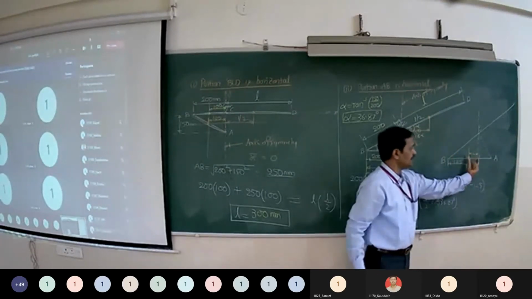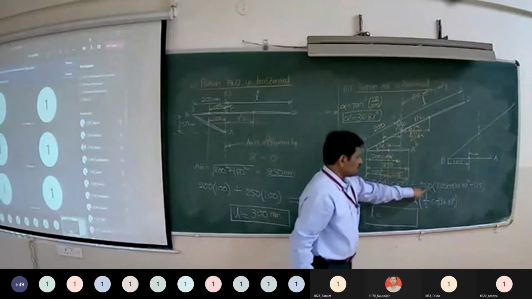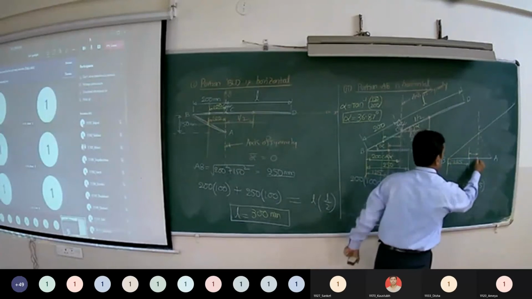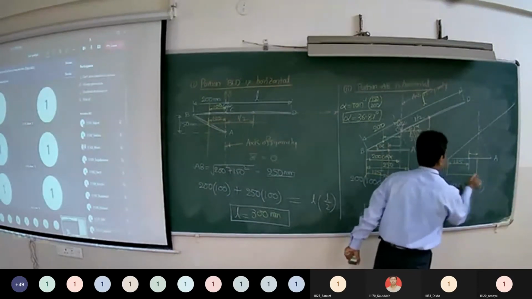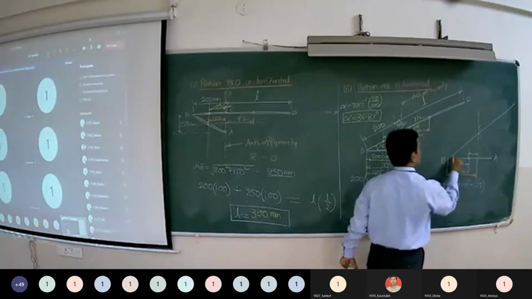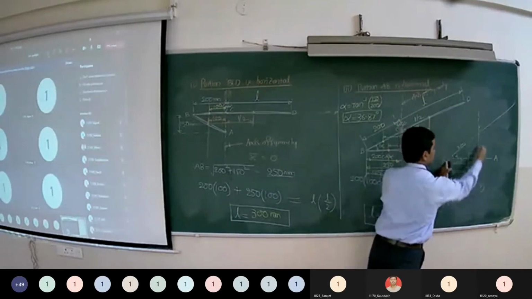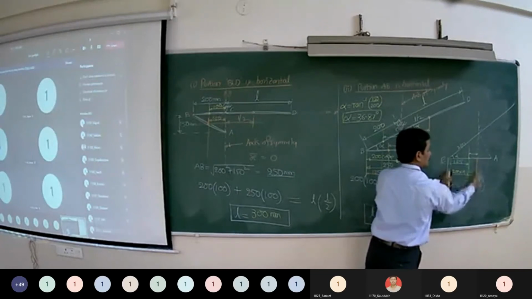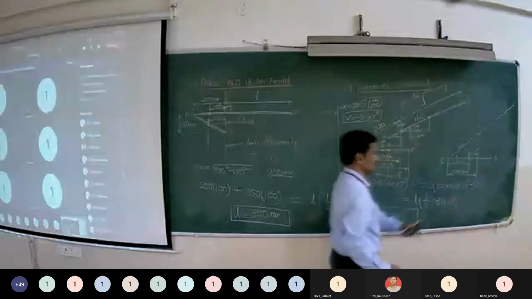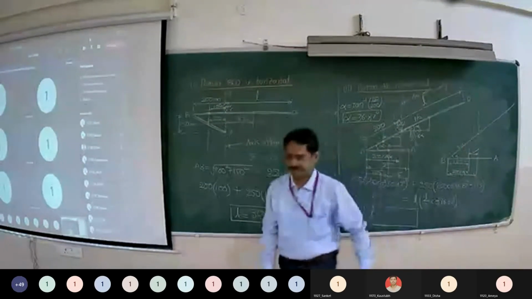So we want to calculate this distance. Here length is 250 into, to calculate this distance, we know this is 200 cos alpha. So this is alpha, this is 200, adjacent side 200 cos alpha. This total minus 125 is the distance of the centroid from the vertical axis. So 200 cos alpha minus 125.